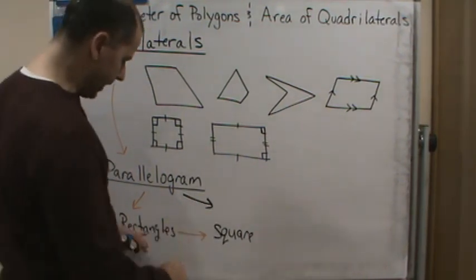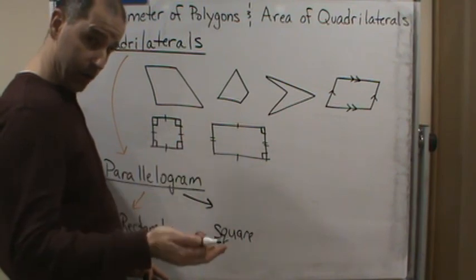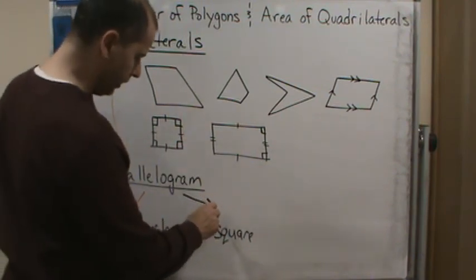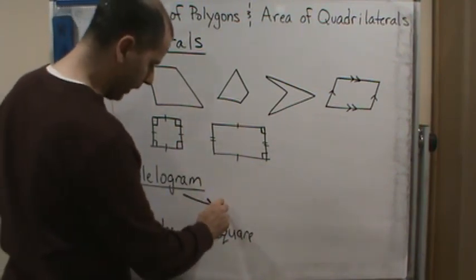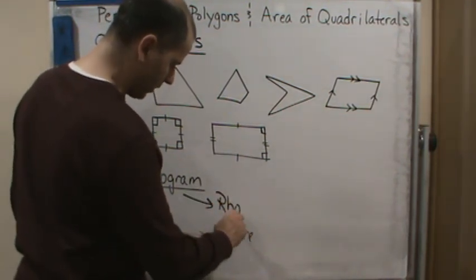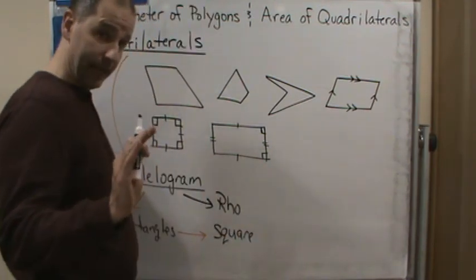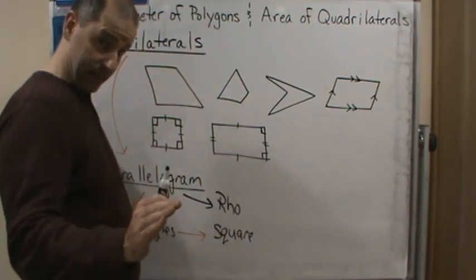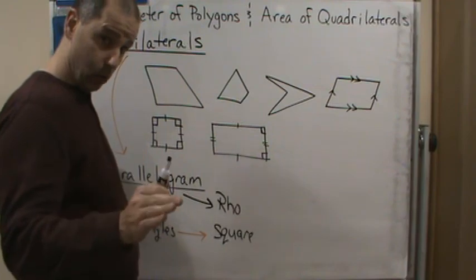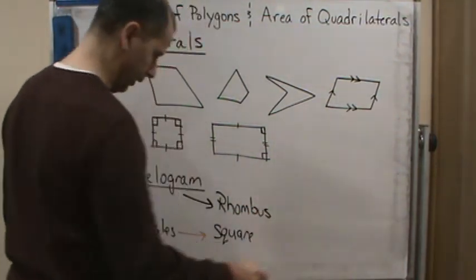It's not a rectangle, but all the sides are the same length. So it's a parallelogram where all of the sides are the same length and the angles are not right angles. That would be a rhombus.